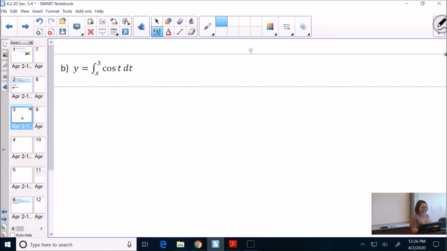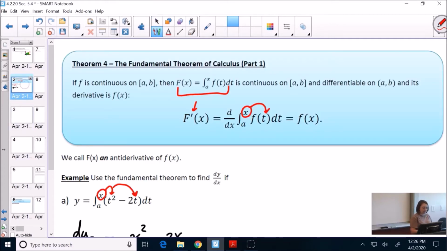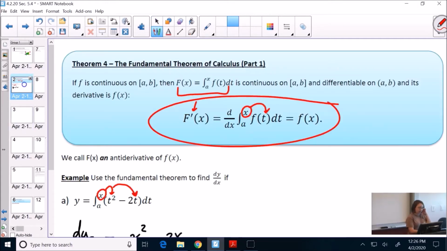You're right. For example, what is wrong with this problem? Why does the fundamental theorem not apply to this problem? Cosine is continuous, cosine is differentiable, that's not a problem. The issue is the limits of integration. What's wrong with this? Go back and compare it to our fundamental theorem of calculus definition. Right here. What is wrong with our limits of integration?